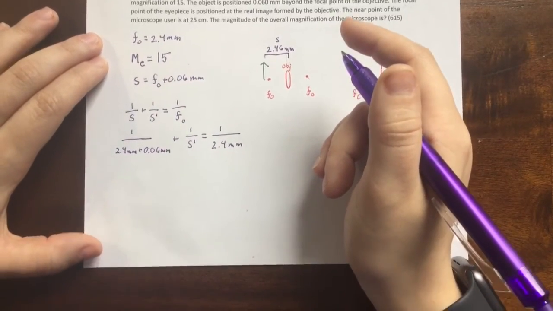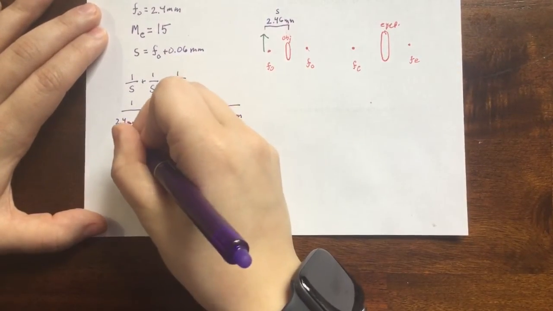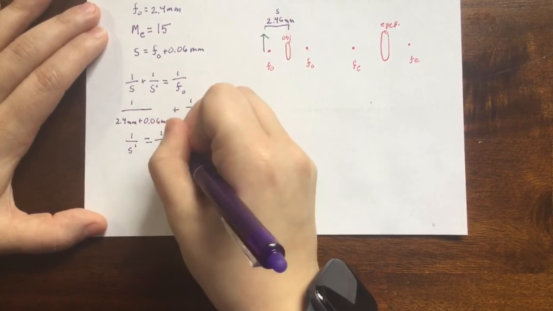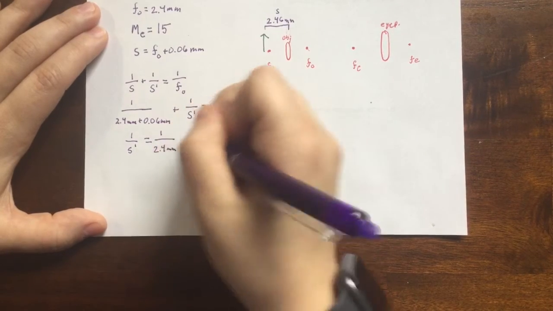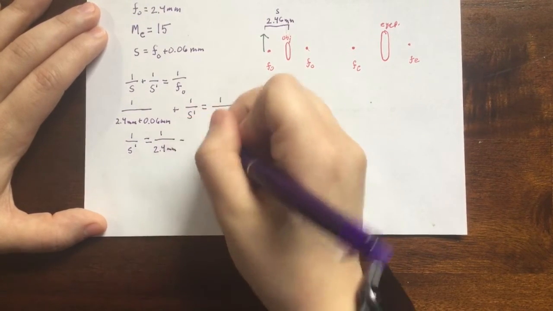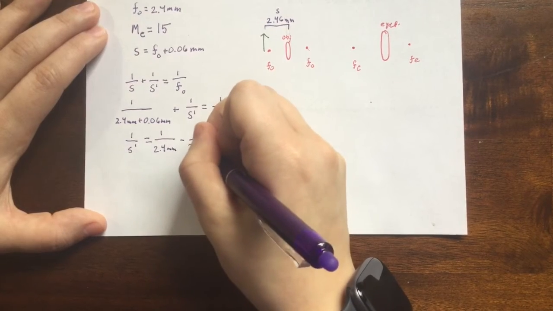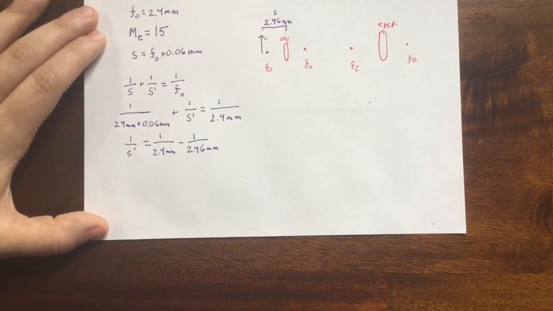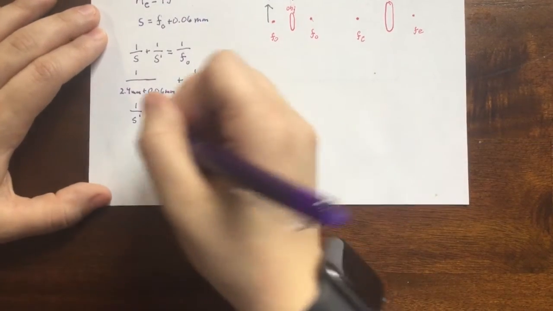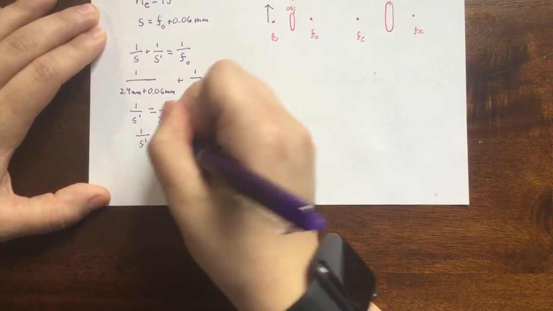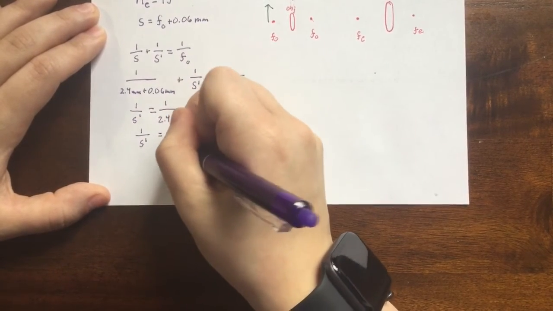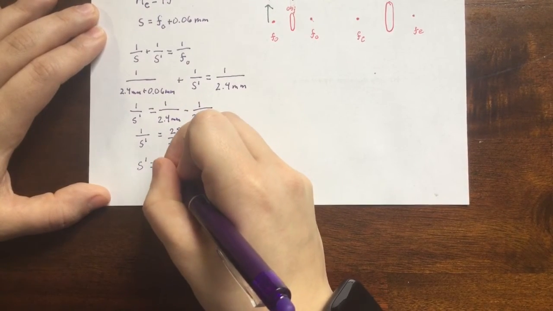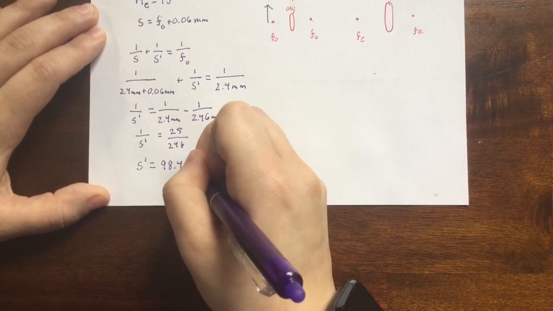Rearrange that, and we get 1 over S prime is equal to 1 over 2.4 millimeters minus 1 over 2.46 millimeters. 1 over S prime is going to equal 25 over 246, giving us an S prime of 98.4 millimeters.